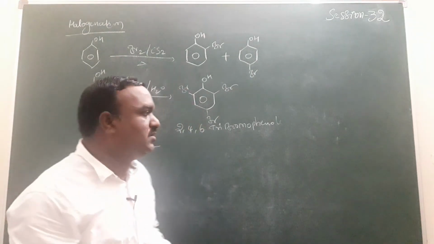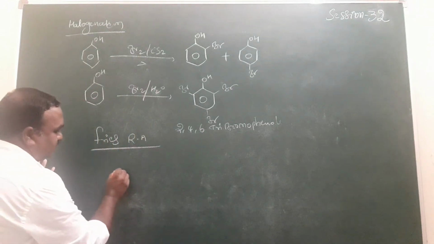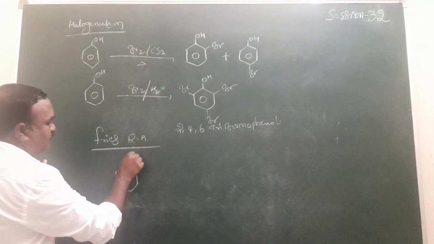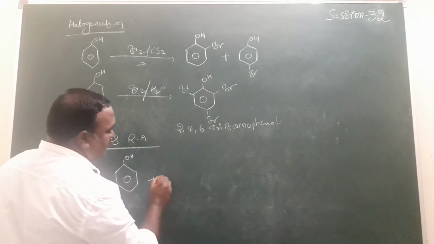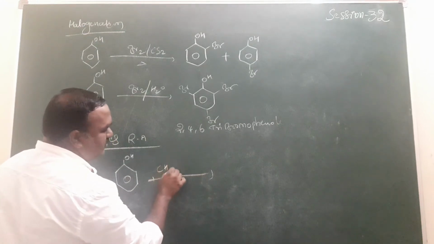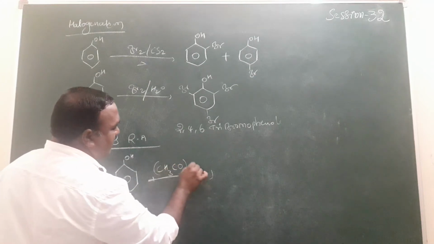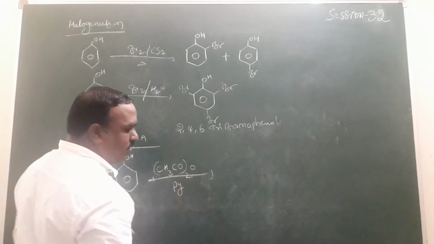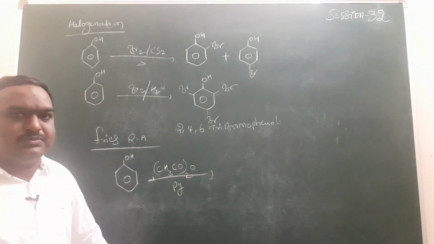Phenyl acetate. So first we will write that product right now. Here the OH group compound reacts with acetic anhydride, (CH3CO)2O, in the presence of pyridine medium or sulfuric acid, H plus medium.